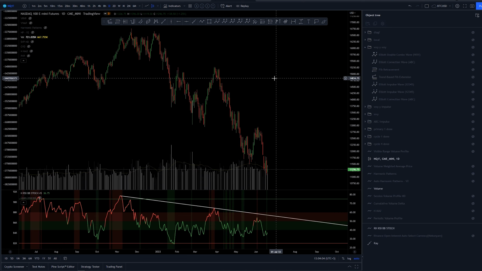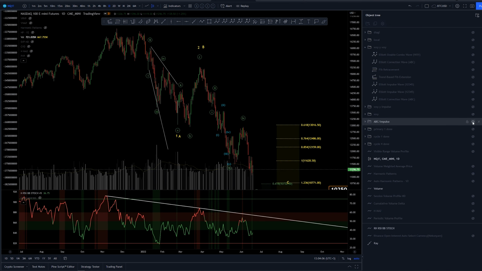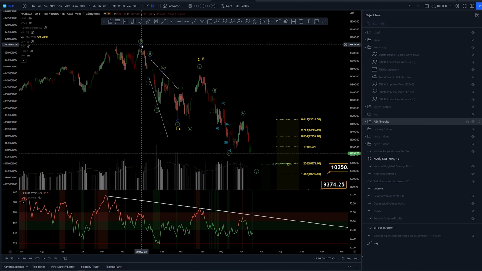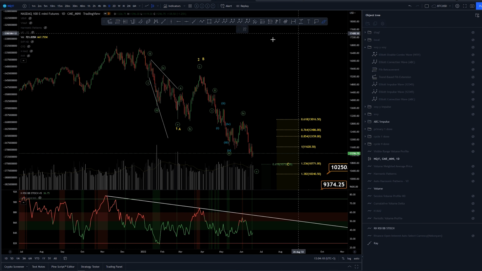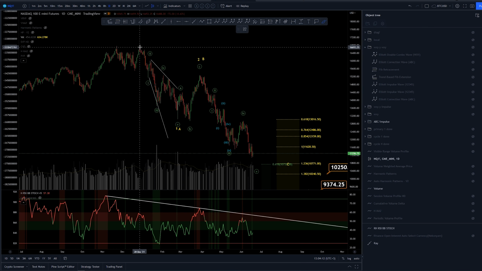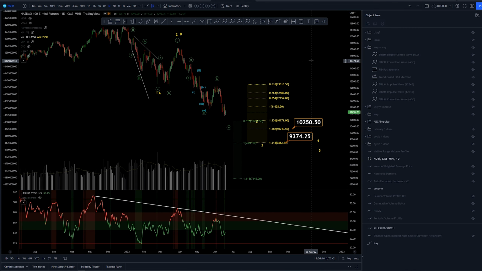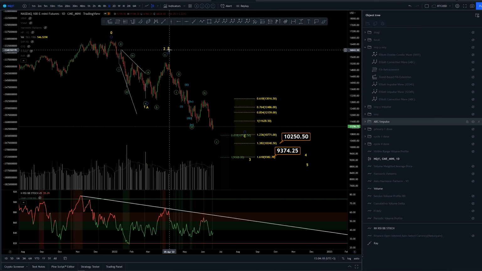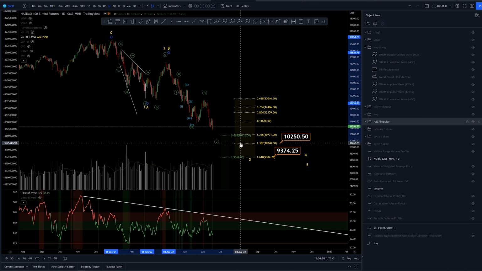Here on higher time frame we have two different setups. One is saying that we have a count starting from around these highs of 28th of December. From there we could be looking at this structure as an A, B, and then C wave coming down.